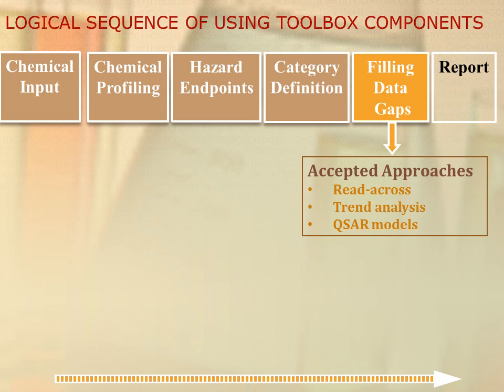Or better yet, you could use all 3 of these methods and convince yourself how well the different approaches work for making an estimate and how variable your estimate might be for your chemical in your endpoint. But the purpose of this component of the toolbox is just to make all of these tools easily applicable to the problem that you have in the data.